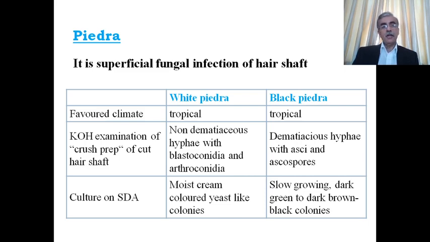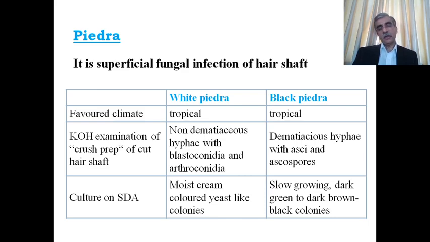The favored climate, again, for all the fungal infections, they are more in tropical areas. And for diagnosis, KOH examination of a crush preparation of cut hair is done, where we can see non-pigmented hyphae with blastoconidia and arthroconidia, whereas in black piedra the pigmented hyphae with asci and ascospores can be seen.